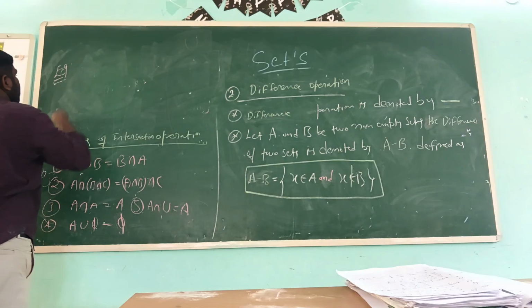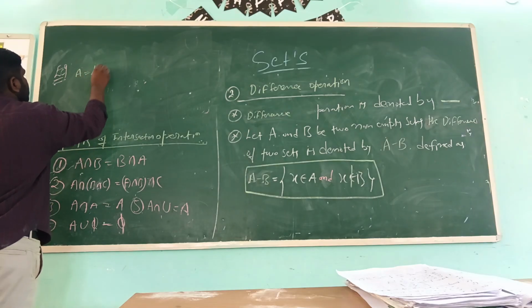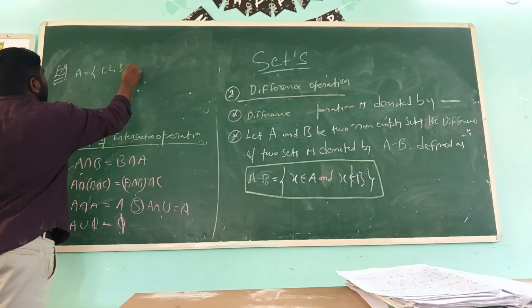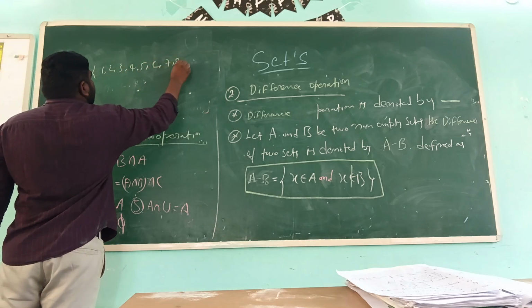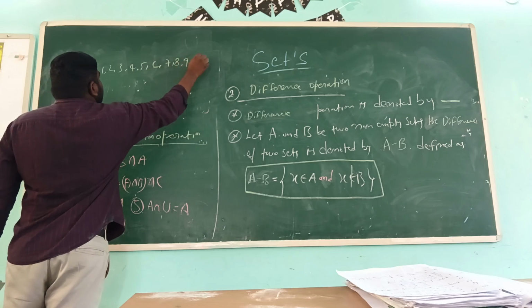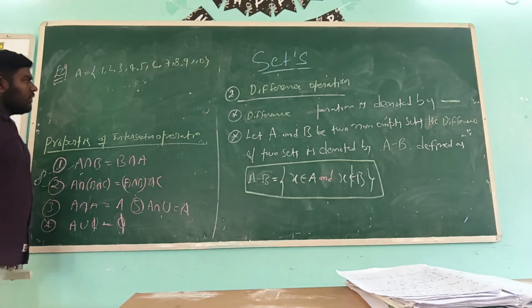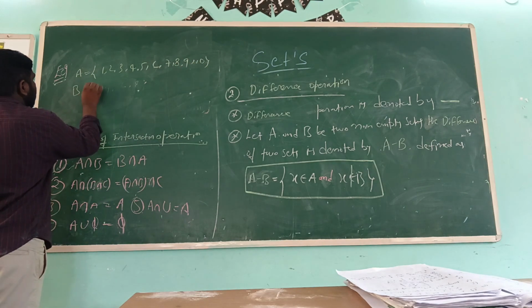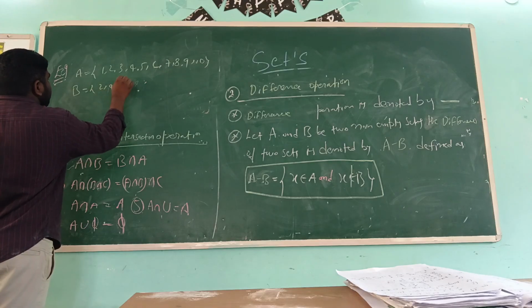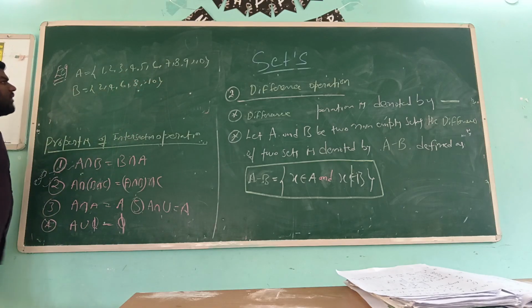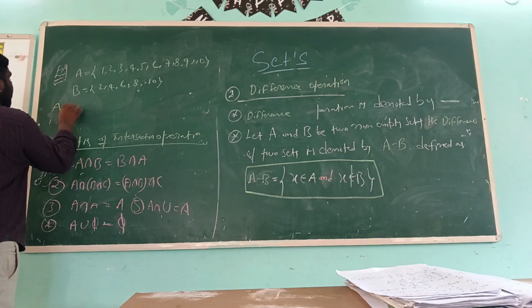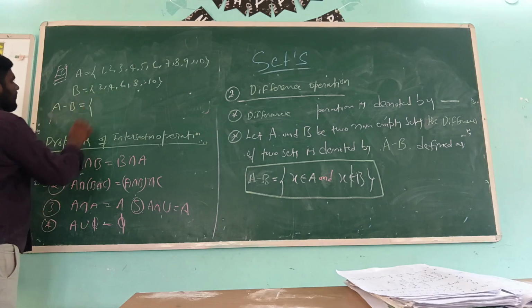See, example: A is equal to 1, 2, 3, 4, 5, 6, 7, 8, 9, 10. Understood? B I am taking as the even numbers 2, 4, 6, 8, 10. Now A minus B. What is the definition?